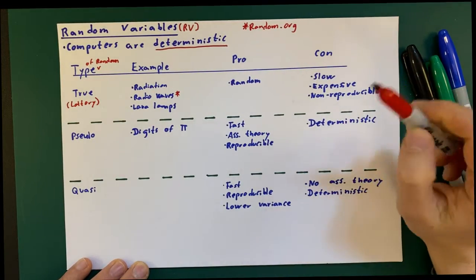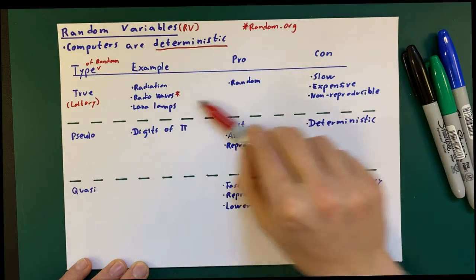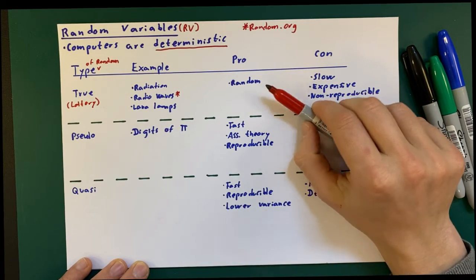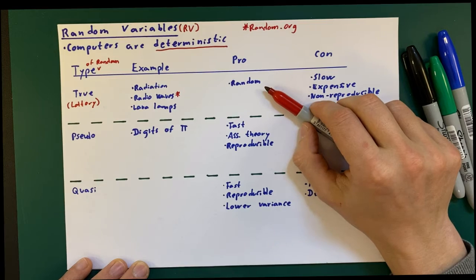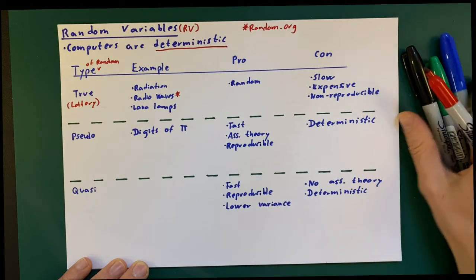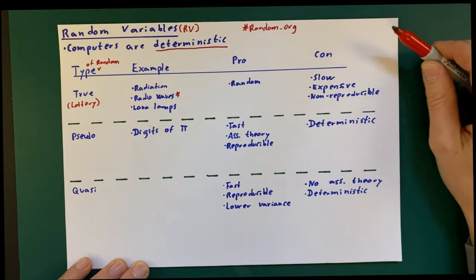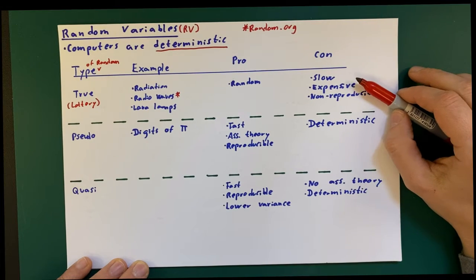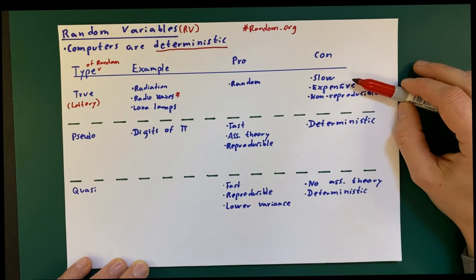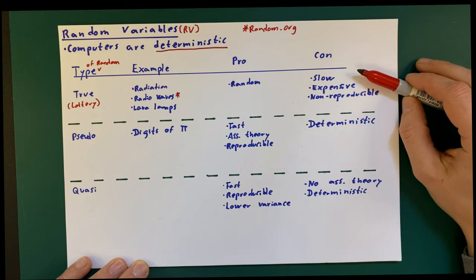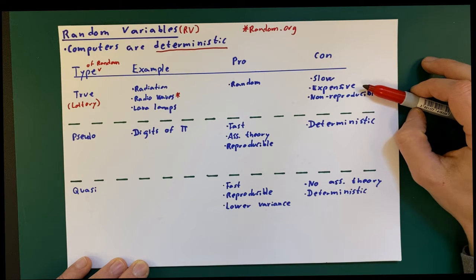So the pro of this type of random numbers, the true random numbers, is of course that, well, it's random. It's exactly what it's supposed to be, at least as far as physicists can tell us. The cons, or the drawbacks, are that it's probably going to be slow, and really expensive.